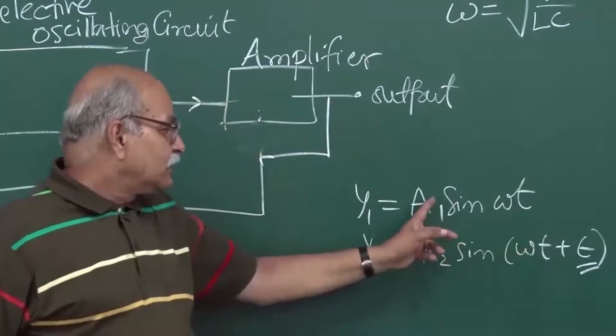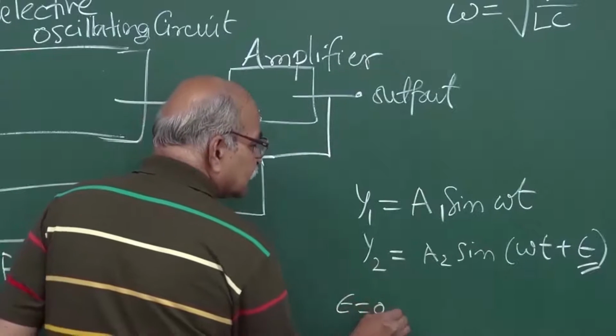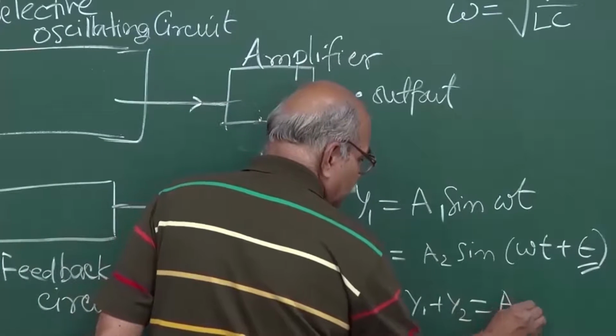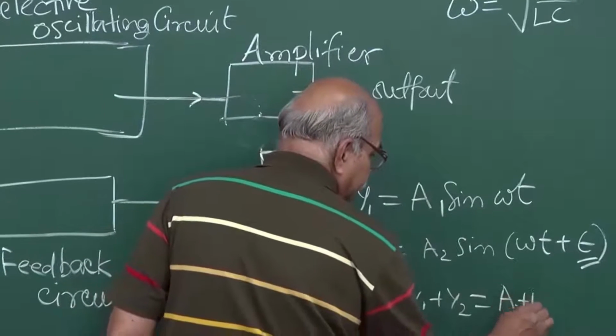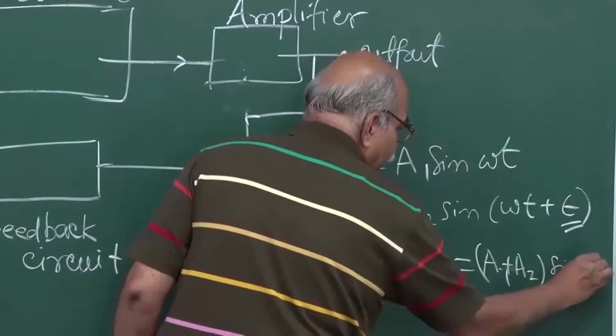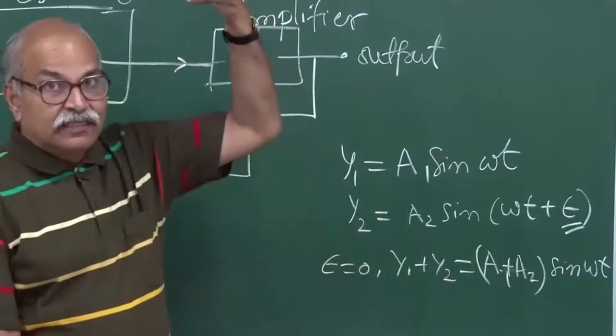So that it is just a1 plus a2. If epsilon is 0, then y1 plus y2 is just a1 plus a2 times sine omega t. So amplitudes are added, signal has enhanced.